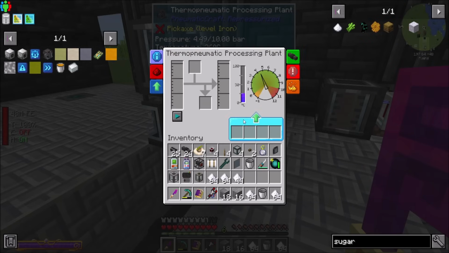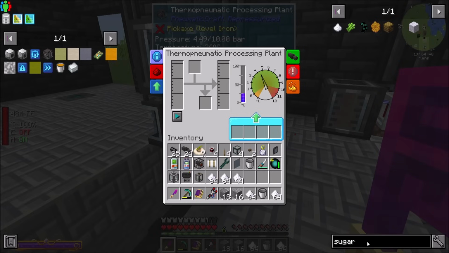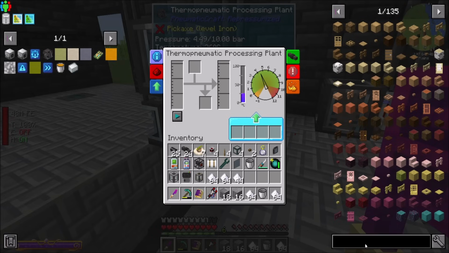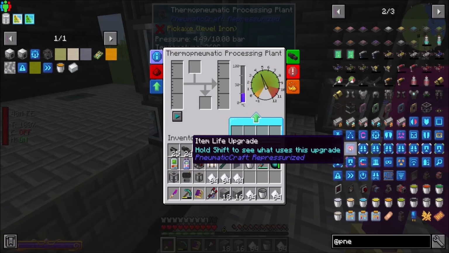We'll figure it out. Uranium's not a long-term solution because uranium turns to lead. I want to do it with the vortex tube in an intelligible way. Talk to me about how I can do that. Pneumaticraft has a pressure limiter module.